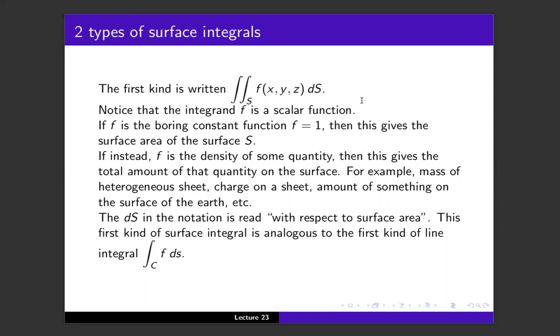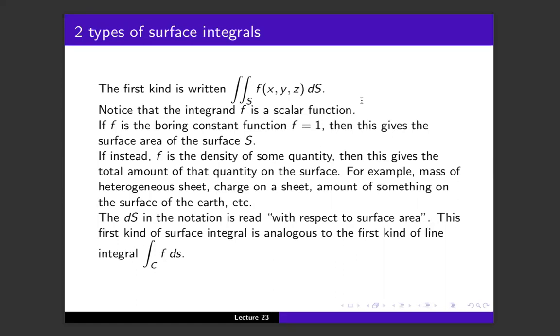A classic example of this is f could be the mass of some heterogeneous sheet. It could also be the charge on a sheet, in which case the integral represents the total electric charge over some sheet, or magnetic charge, for example. It could be the amount of some mineral on the surface of the Earth or the surface of some other planet, and so on and so on. It could also be heat. You could look at the total heat over some surface, and all different kinds of things.